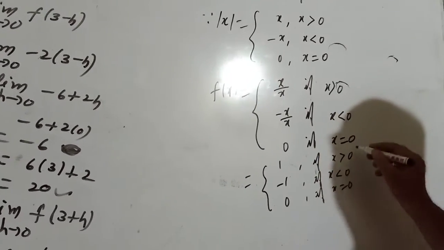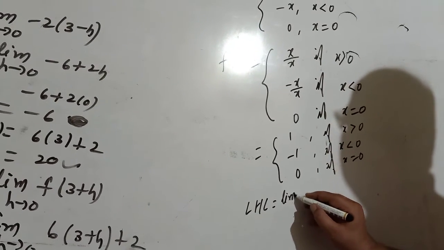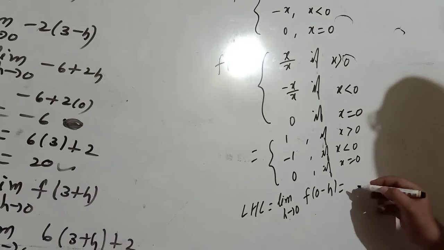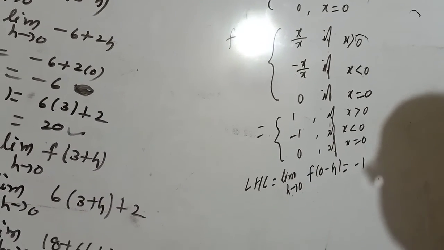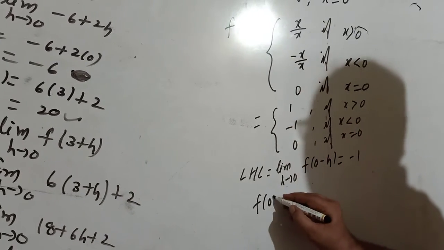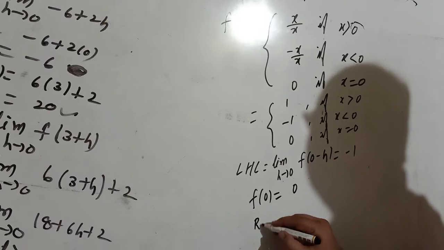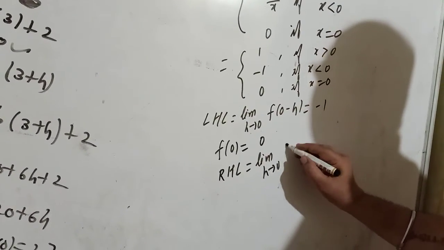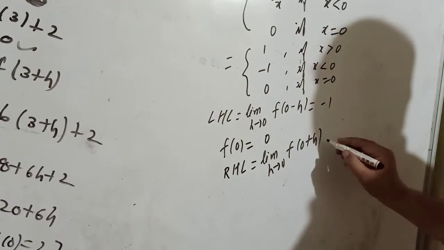Now we have to find continuity at x equal to 0. LHL, limit h tends to 0, f of 0 minus h. For 0 minus h you can directly write minus 1, there is no x in the function, you can write the value directly. And f of 0, at 0 it is 0. And RHL, limit h tends to 0, f of 0 plus h, it is plus 1.